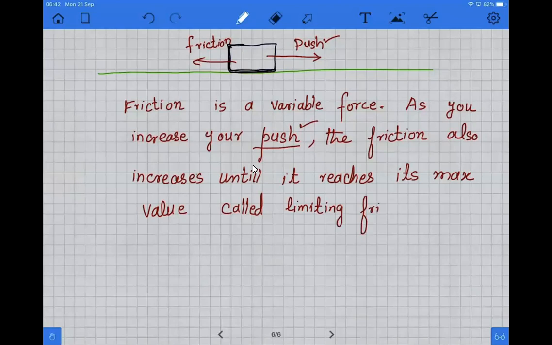There is a limit for limiting friction between every two surfaces which are sliding against each other.